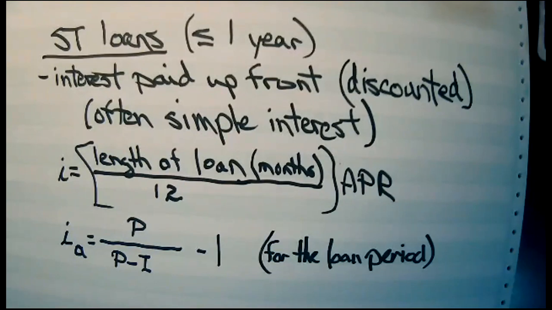Now, I know that way back I said we're really not going to worry about simple interest, as opposed to compound interest. But you'll see how it works here a little bit. It's not a big deal. You don't have to necessarily distinguish that.